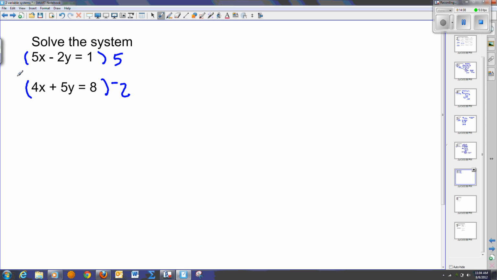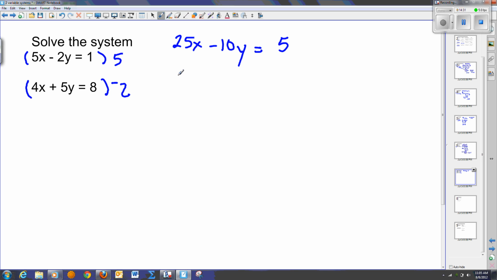That's what I see. Okay, you may have seen multiplying the top equation by a 4 and the bottom equation by a -5. Either way, it's going to work out. So I multiply that top equation by 5, I get 25x minus 10y is equal to 5.